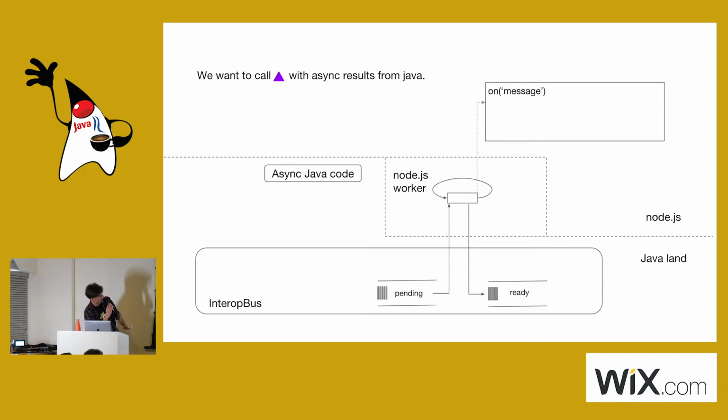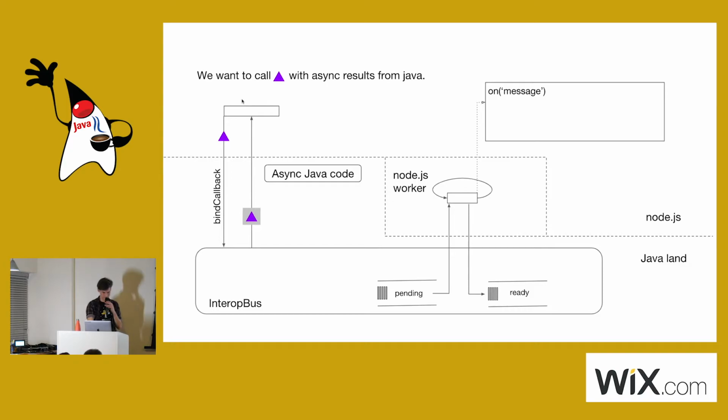And you have a message handler on the parent process. So what we have is this purple triangle representing a JavaScript callback that we want to execute. And so we call the interop bus's method bindCallback, and we give it this callback, right?